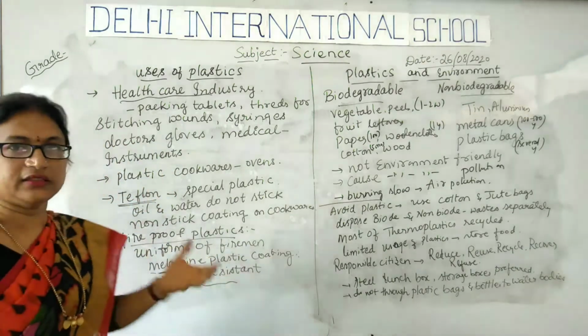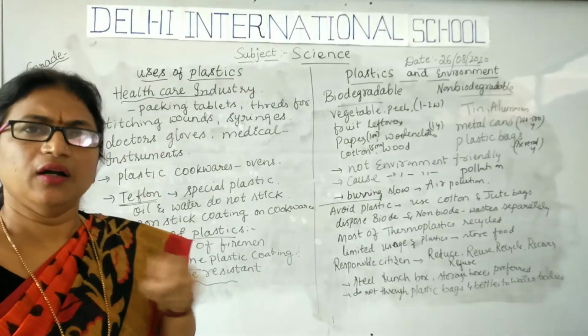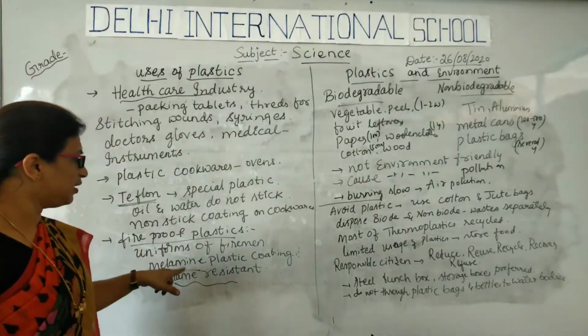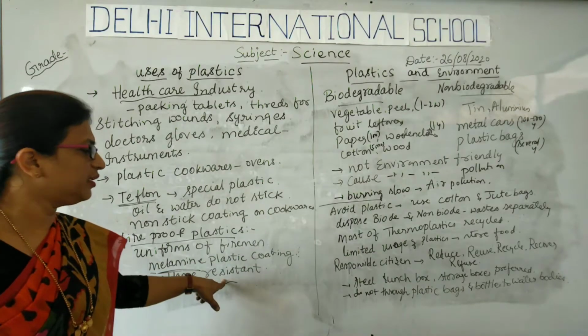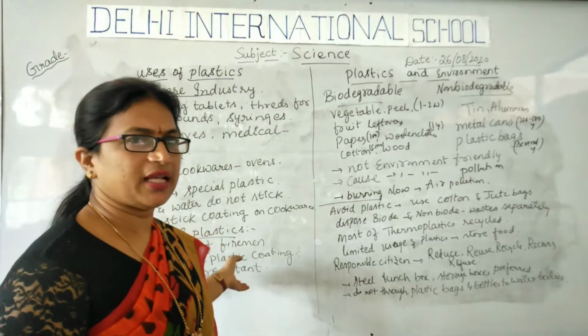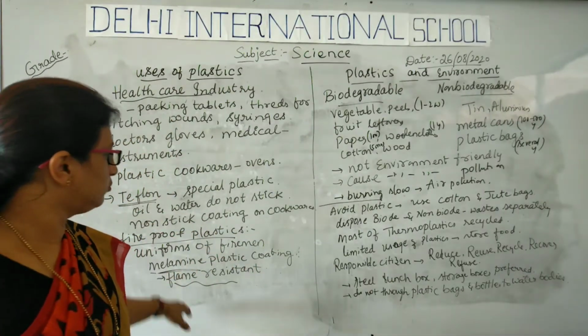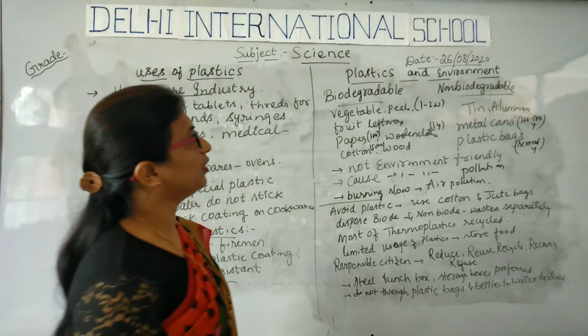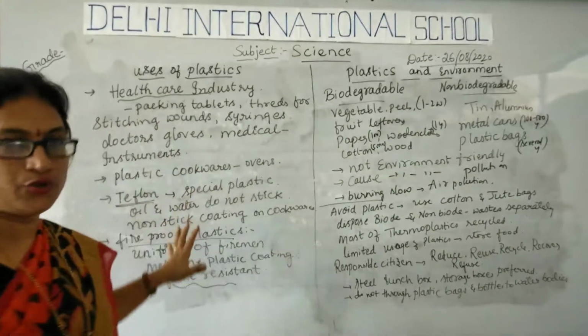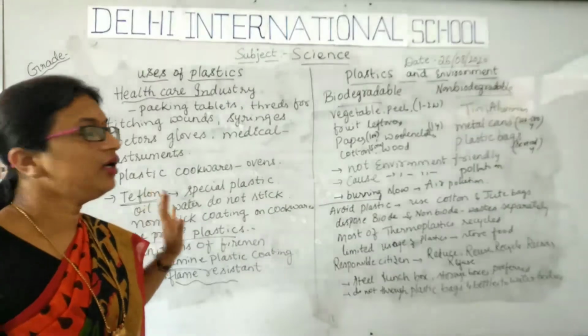Usually synthetic fibers easily catch fire, but melamine is a special type of plastic that is flame resistant, so it is worn by firemen during fire accidents. So these are some other uses of special types of plastics.